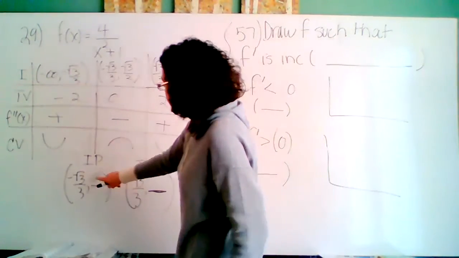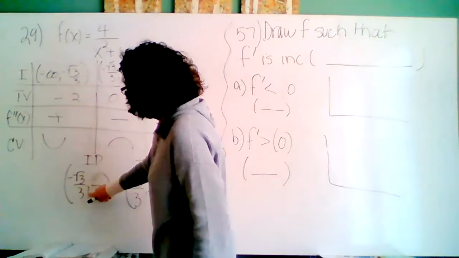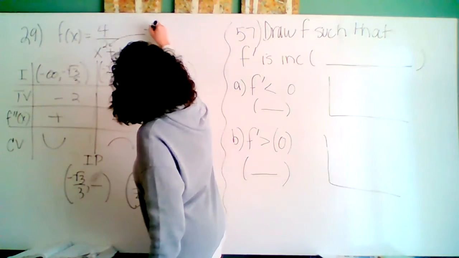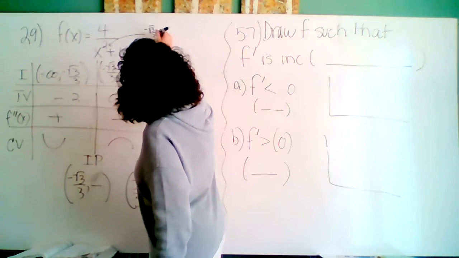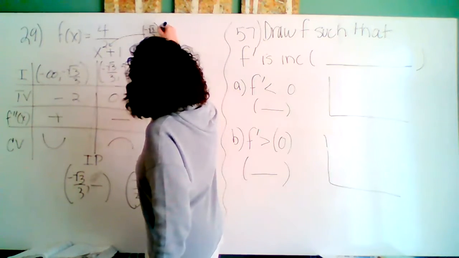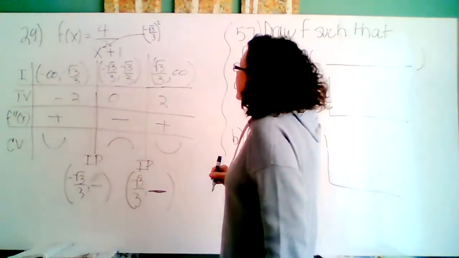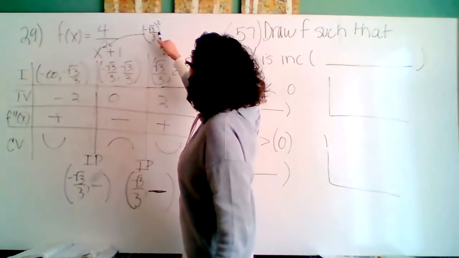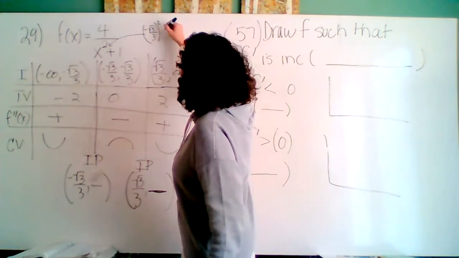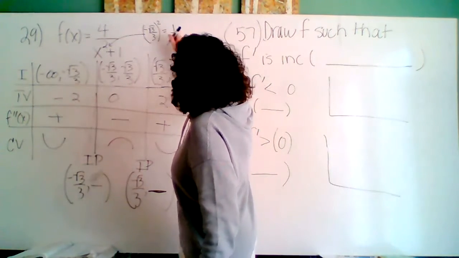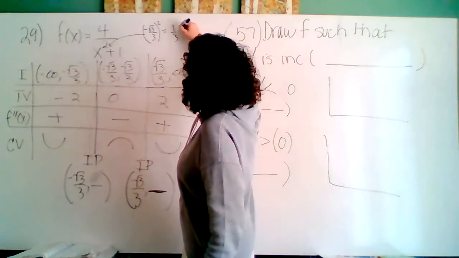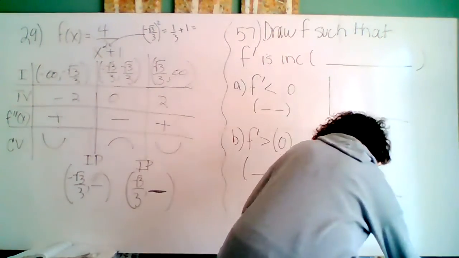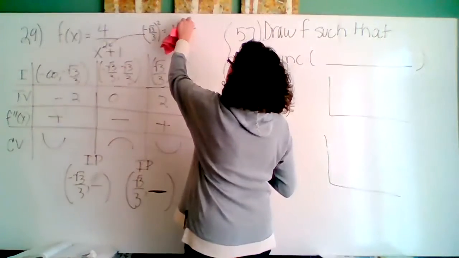So we are just going to put negative square root of 3/3 into the x squared here and work that out. When we square negative square root of 3/3, we have a positive 3/9, which is 1/3. And we have 1/3 plus 1, and that 1 is actually 3/3.